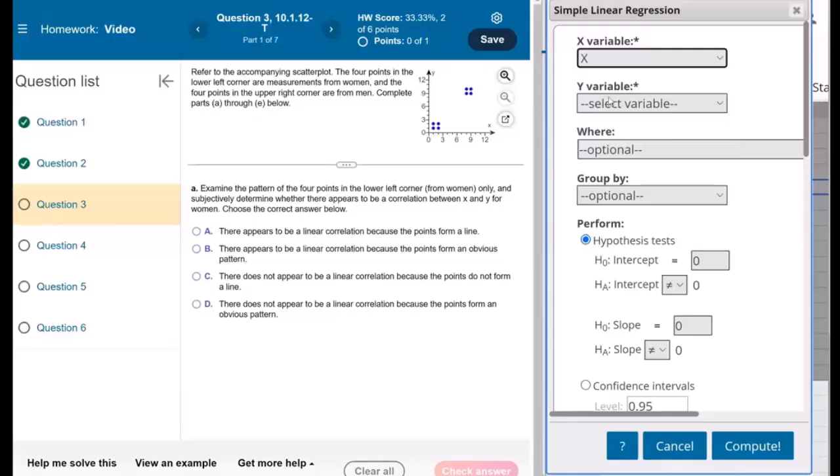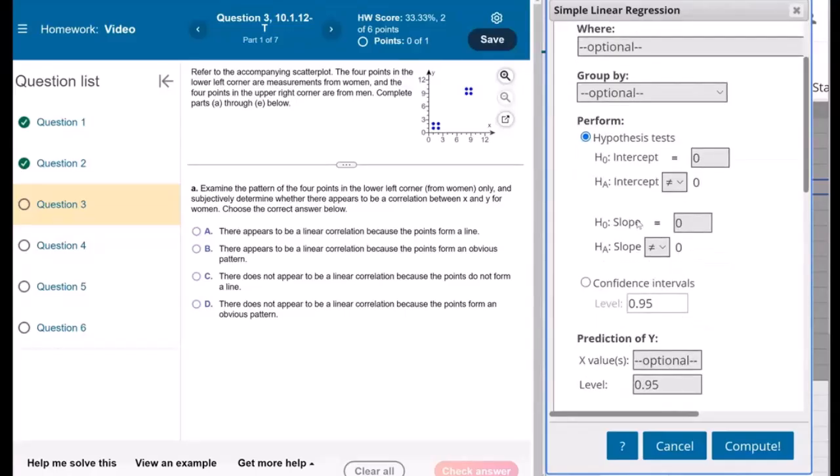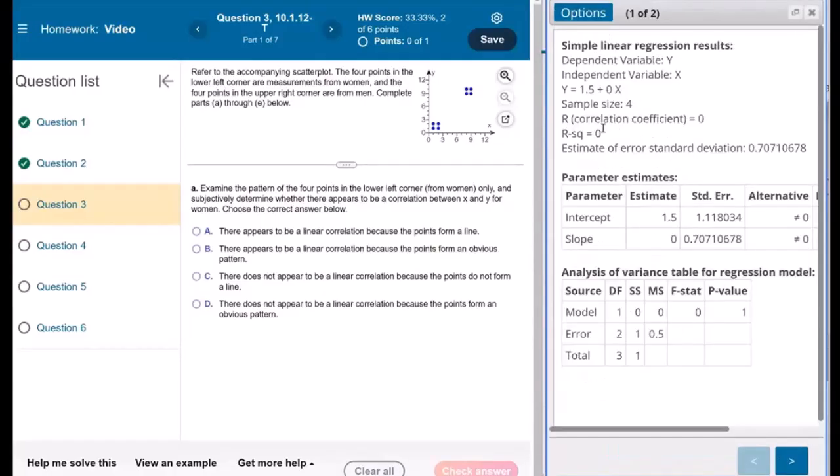We'll choose X for X and Y for Y. Our hypothesis test is 0 not equal to 0, for both the slope and the intercept. The slope is the most important. I can see that my R, which is my correlation coefficient, equals 0, which literally means we have no correlation.